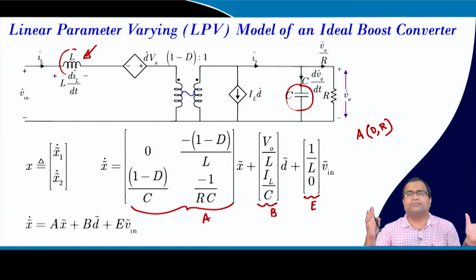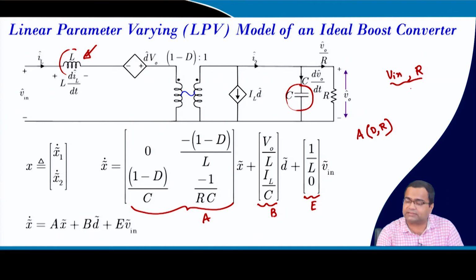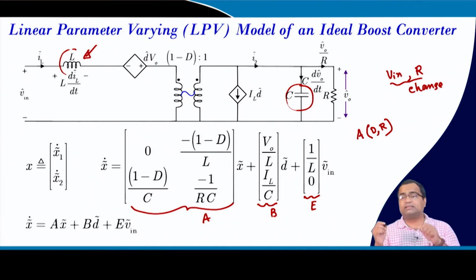So, they are not going to vary during run time, except for the small variation in inductance that I have discussed. But what is going to vary here? Suppose the input voltage can change, the load resistance can change, because the load resistance is the external quantity.